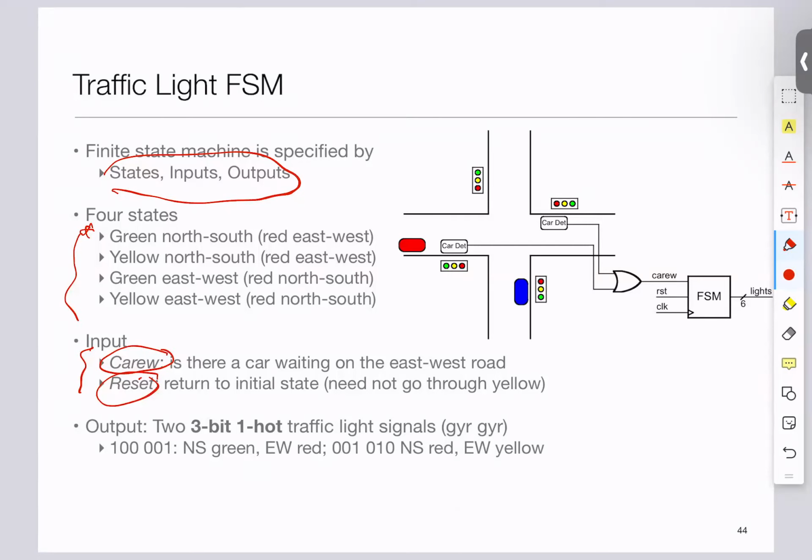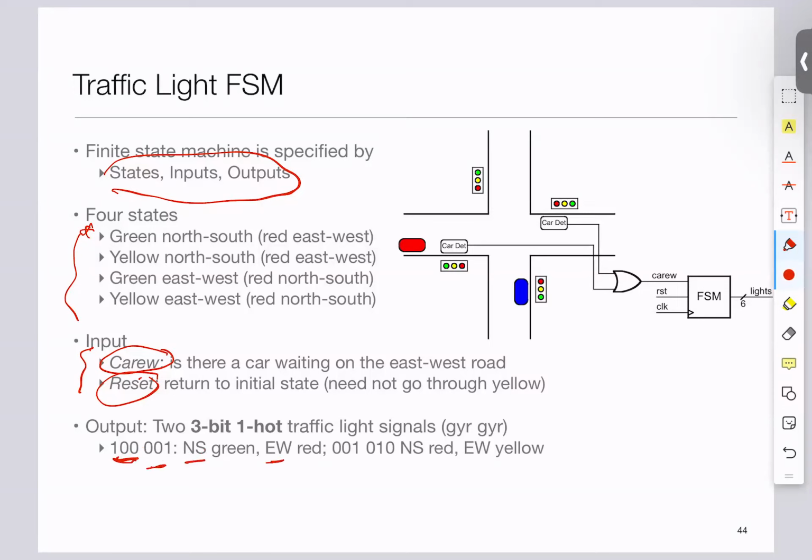And we can basically say that, depending on how your lights are, probably a reasonable thing to say is that it's some sort of one-hot vector. So I can think of it as 3 bits controlling the north-south and another 3 bits controlling the east-west.